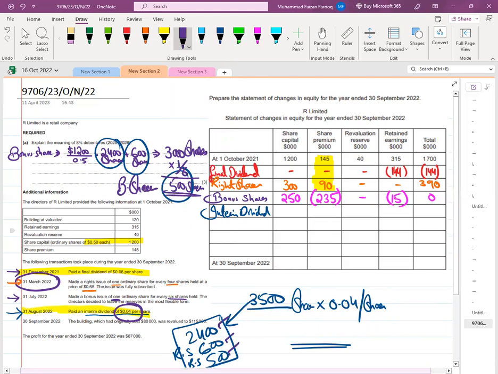The previous dividend was before the right and bonus, so we didn't consider them, right or wrong. Yeah, right. So what is the amount of dividend? 140. Dividend needs to be deducted from retained earnings and in total columns. Any problem?